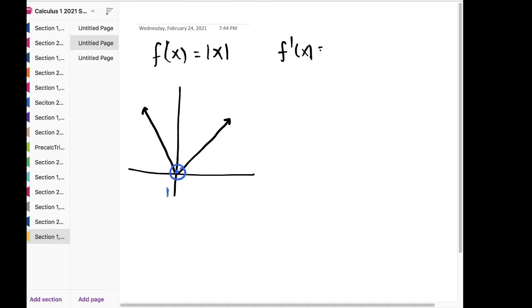Does not exist at 0. Does it exist anywhere else, the derivative? Where does the derivative exist in absolute value?